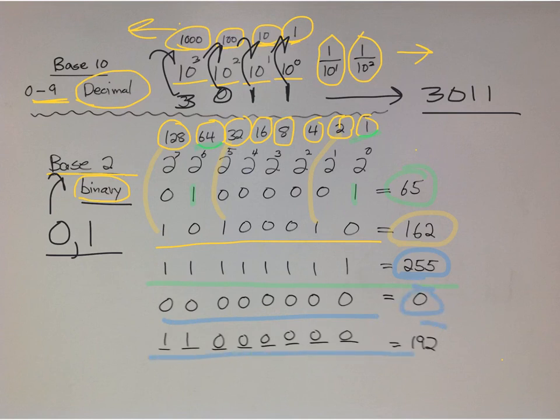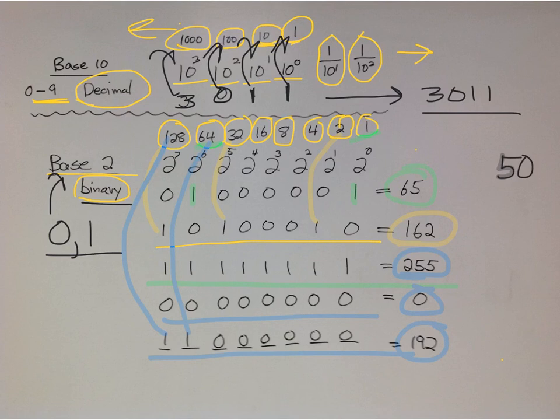Here's an example of 192. One group of 128, one group of 64. So we need to be able to do those conversions both ways. So if you start with the number, like if I start with, I'll make one up, let's say I start with 50. I can work backwards.